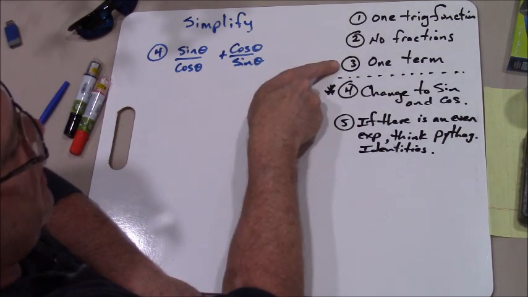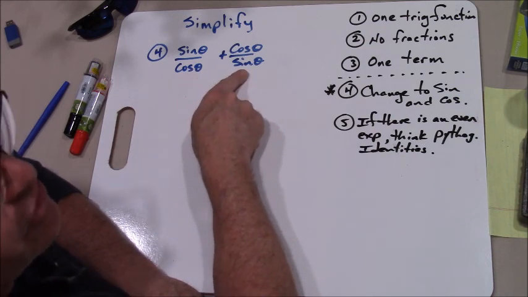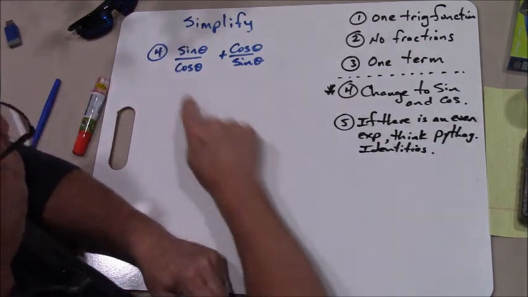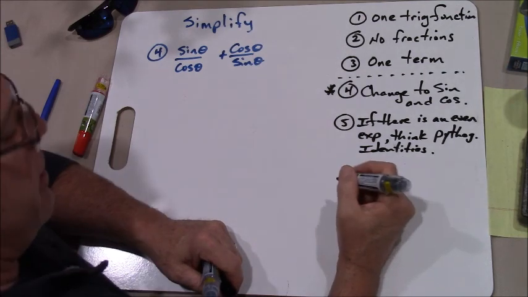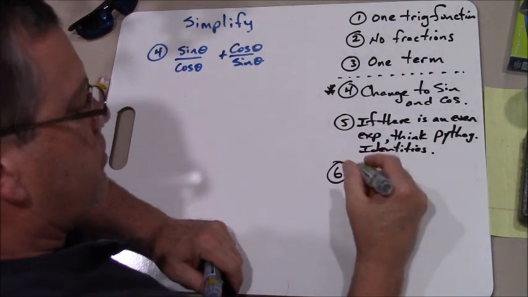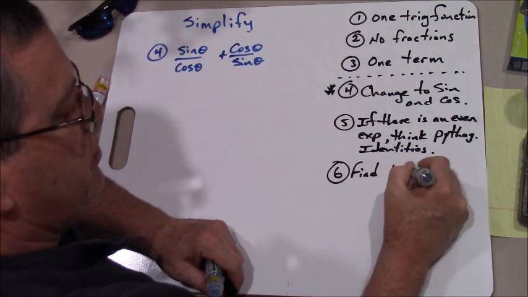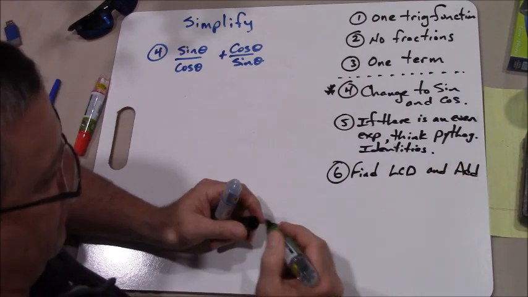But the only way you can get down to one term is you need to get a common denominator and add these two together. So that's going to be another strategy: when you have fractions, find a least common denominator and add those fractions.